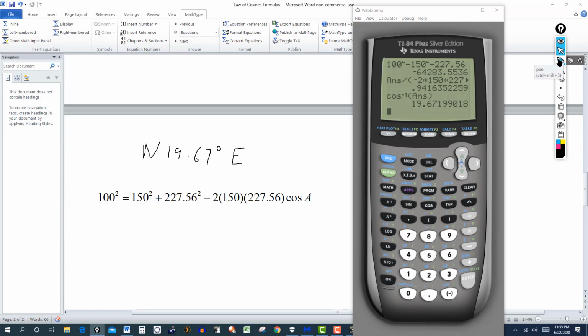So the answer to part B is the plane should travel at a bearing of north 19.67 degrees east in order to go from Fort Myers directly to Orlando. And that's the solution to this.